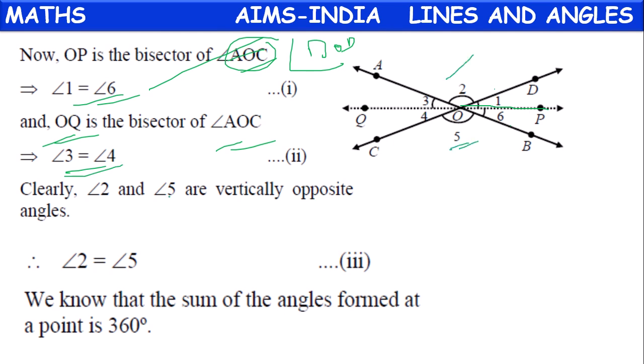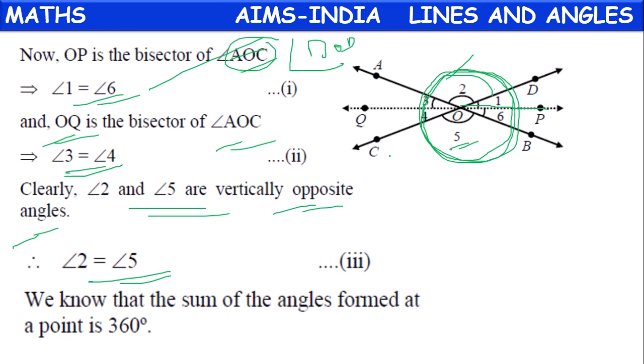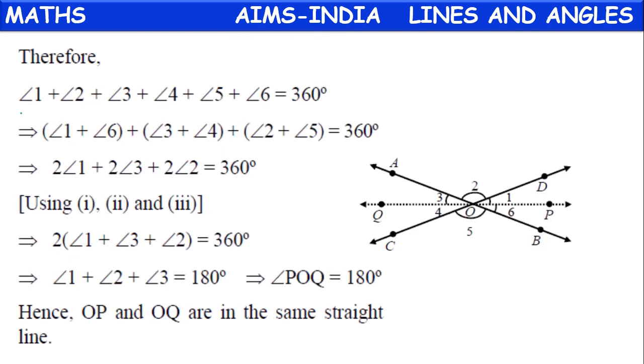Angle 2, angle 5 are vertically opposite angles. So angle 2 equals angle 5. Sum of all the angles at point O is 360 degrees. So 1 plus 2 plus 3 plus 4 plus 5 plus 6, total sum of all angles is 360.